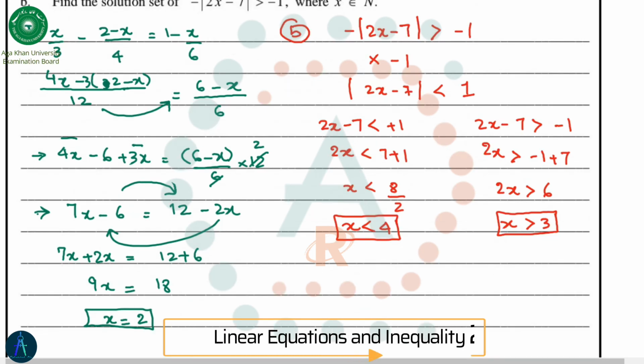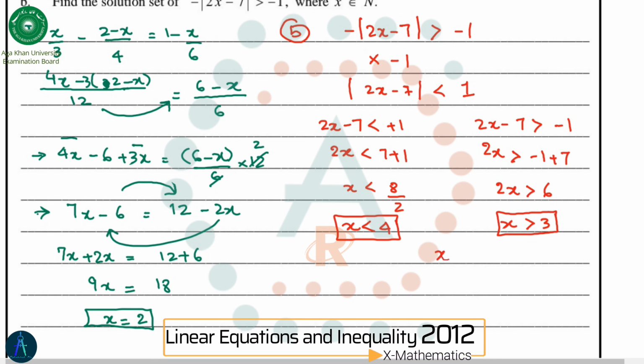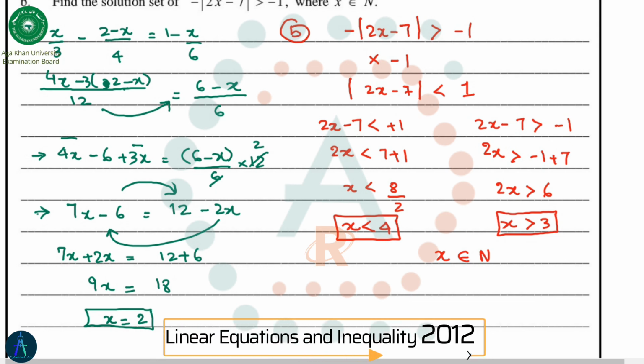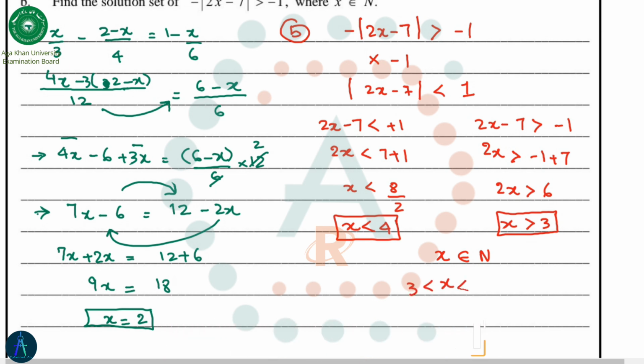As we can see, the question states that x belongs to the natural numbers, and our solution for x states that x is greater than 3 but less than 4.